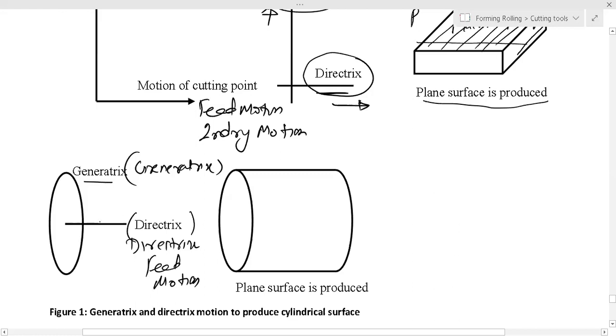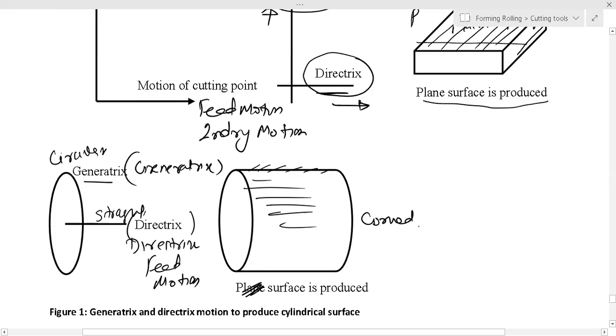When this motion is straight and this one is curved, circular, we get this machined, finished surface. So we produce a circular, curved surface.